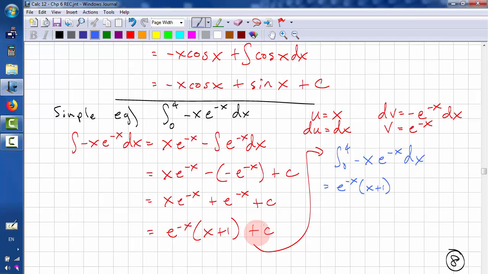We don't need the plus c anymore because we're doing a definite integral and we're going from 0 to 4. So this is e to the negative 4 times 4 plus 1, that's 5. And we have e to the 0 times 0 plus 1, that's 1. And this simplifies to 5 e to the negative 4 minus 1.